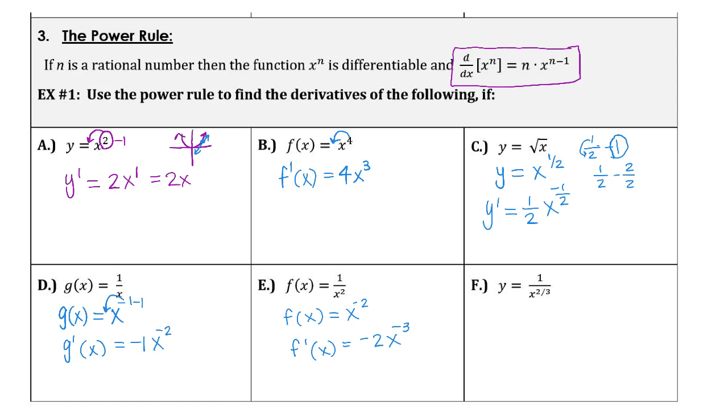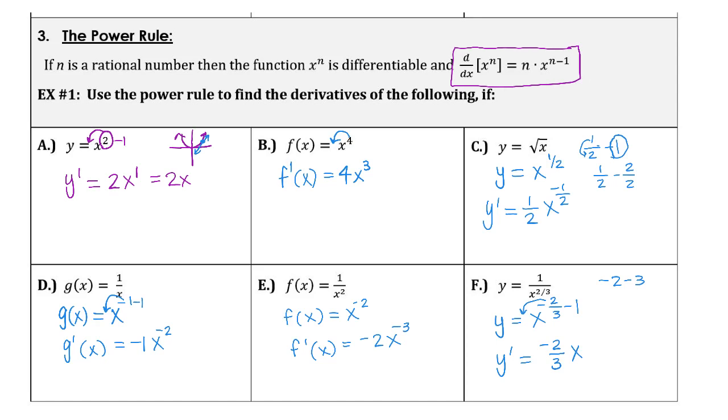All right, so now let's look at f. We're going to have to rewrite that first. So we're going to have y equals x to the negative 2 over 3, so y prime equals, and again we're still multiplying that down to the front, so we have negative 2/3 x, and now I need to subtract 1 from negative 2/3, so that's really just negative 2 minus 3, isn't it?